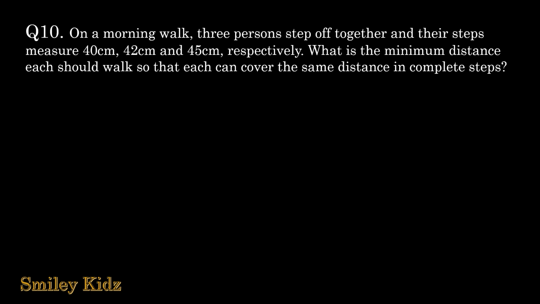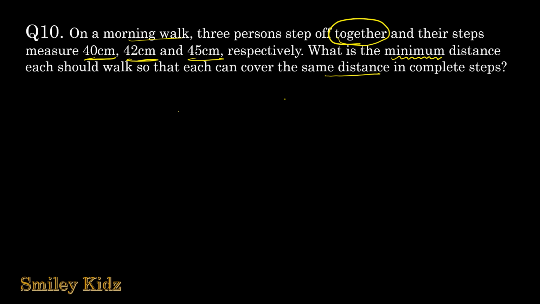Here comes a word problem. On a morning walk, 3 persons step off together and their steps measure 40 centimeter, 42 centimeter and 45 centimeter respectively. What is the minimum distance each should walk so that each can cover the same distance in complete steps?